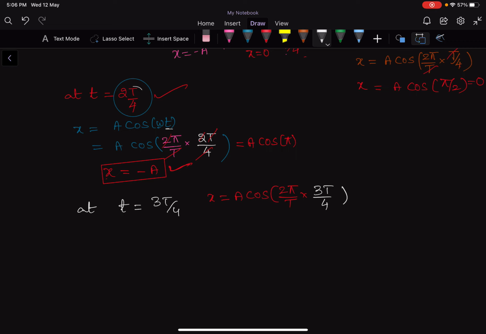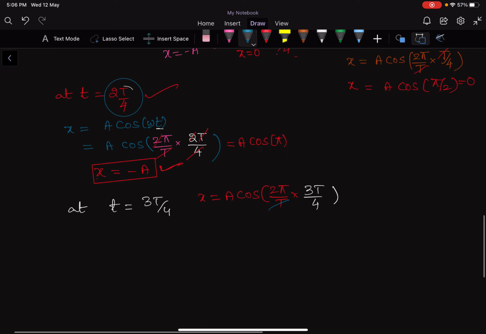Here T and T cancel, and 2 and this 2 cancel out. 3 pi by 2. So cos 3 pi by 2 is nothing but 0 again.